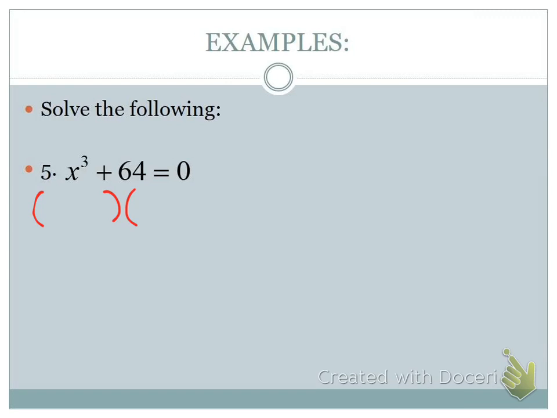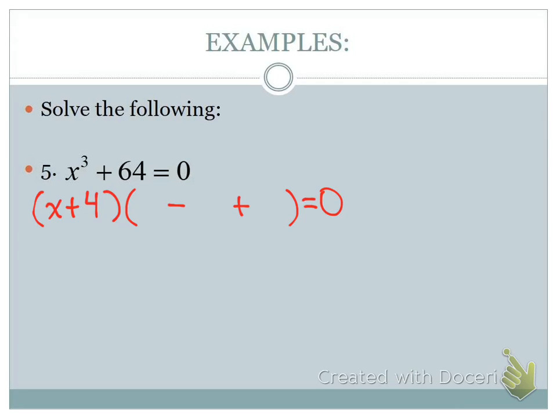So if we need a refresher on it, this is a sum, so our signs are going to be plus, minus, plus. We take the cube root of both of them. The cube root of x cubed is x, and the cube root of 64 is 4.